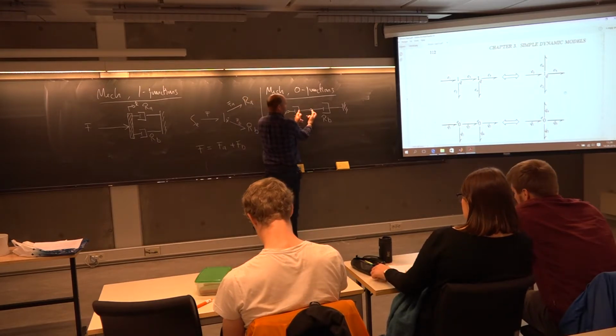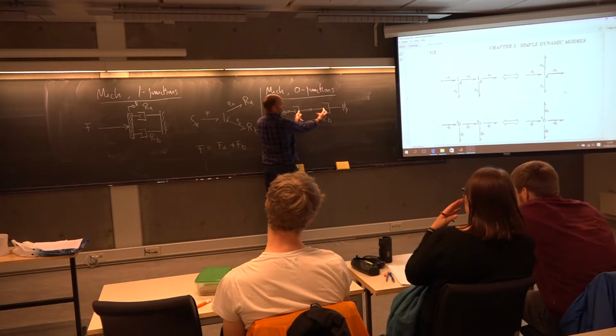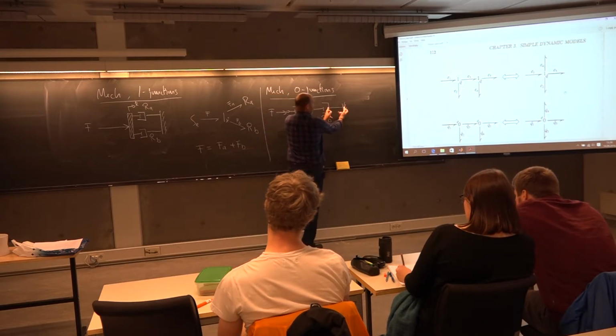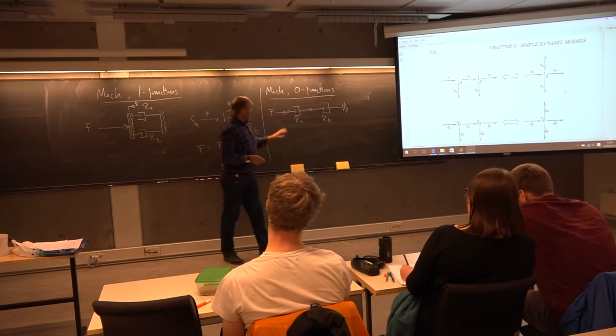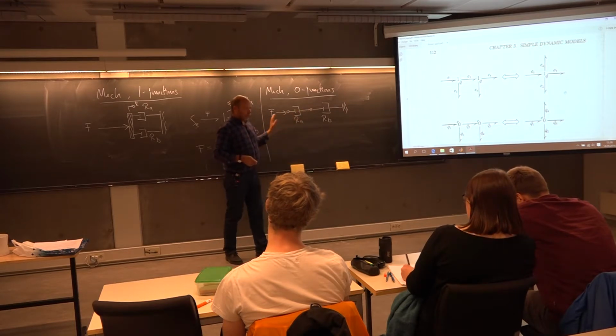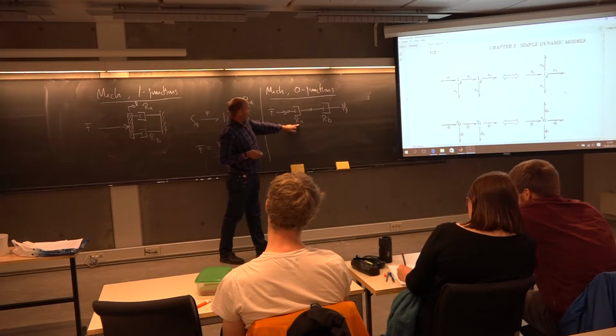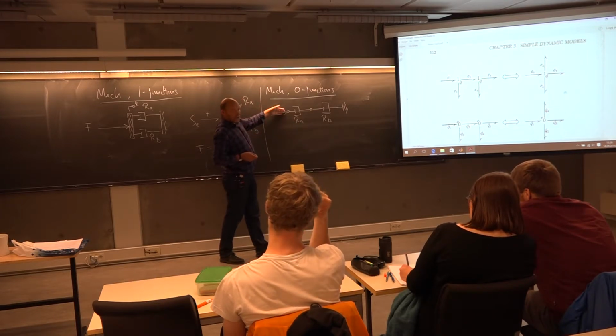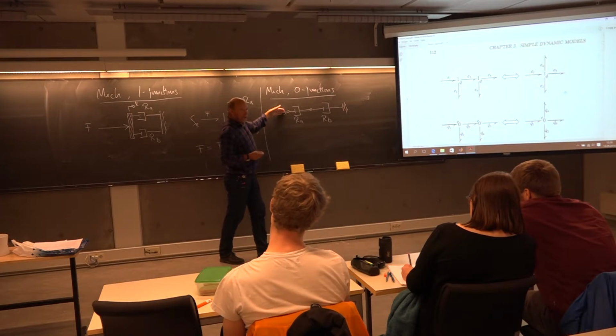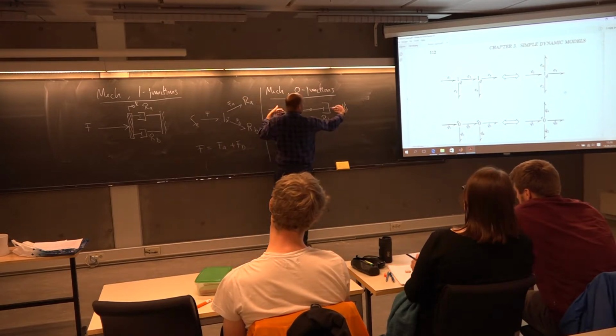Here we have another part, actually everything here, and this part is standing still. So we have a couple of parts here moving. But if you look at this damper here, it will have one force acting on one side, but exactly the same force acting on the other side.